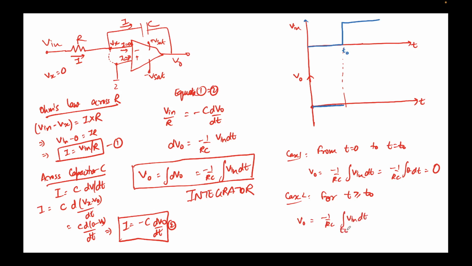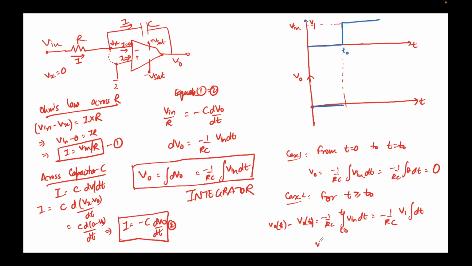Now the limits are t naught to t, and accordingly the value of V naught here will be the value of V naught at any given time t minus the value of V naught at time t naught. So this can be written as minus 1 by RC times the integral of V in. Let's assume this level to be some level V1. This is a constant, it will come out of the integral, minus V1 dt.